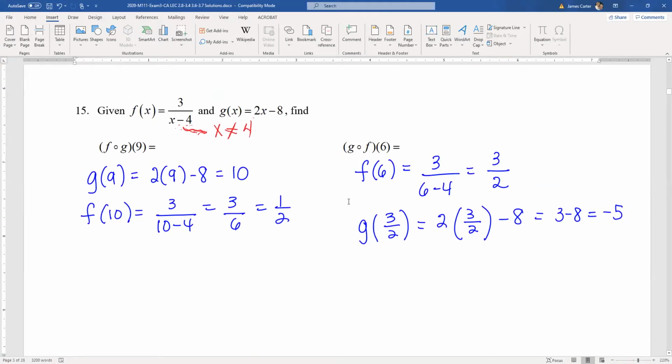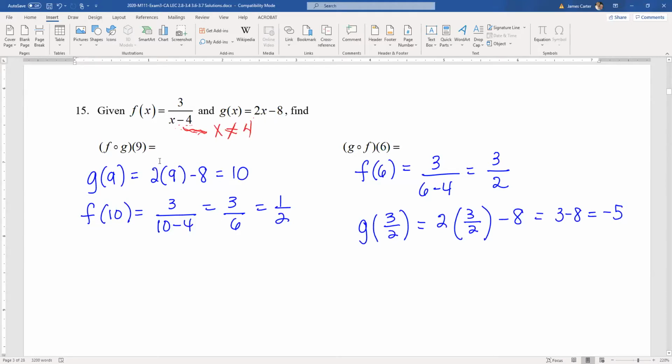Okay, here we have a rational one, so we've got to look at any values that we can't use. So we can't use positive 4 because that would give us an undefined value. So we do G of 9. Okay, so I take 2 times 9 minus 8, which gives me a value of 10.